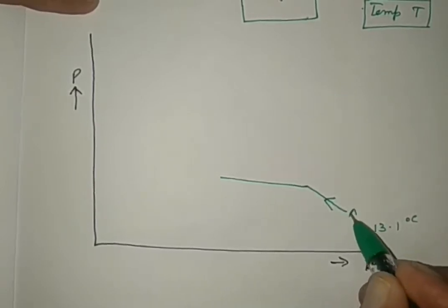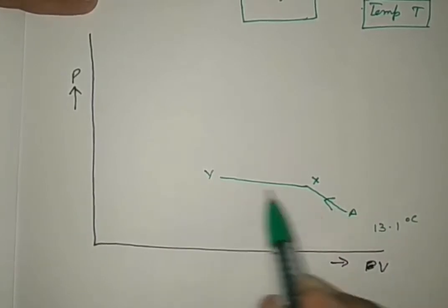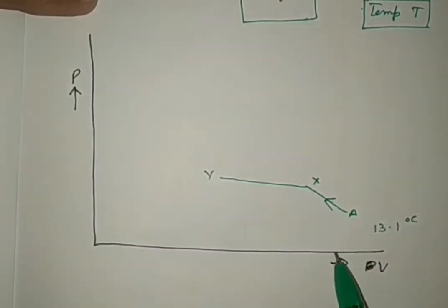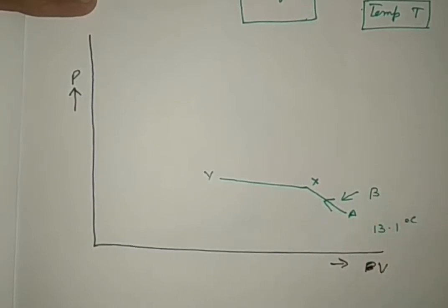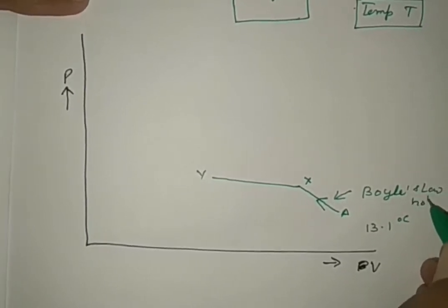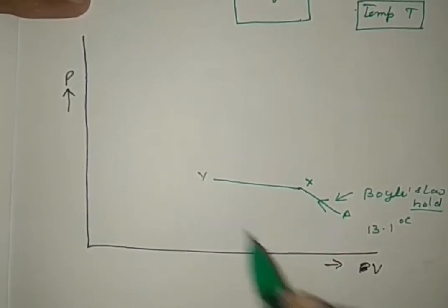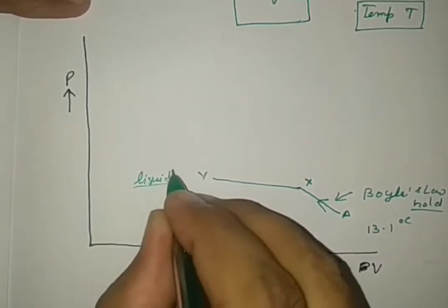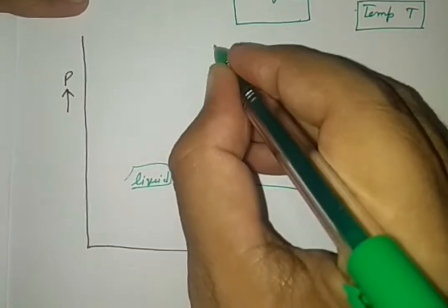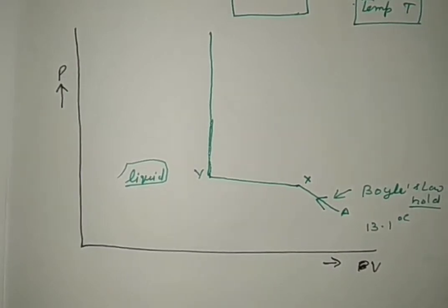It starts from A to X to Y. Here this C, in this the pressure remains constant, but volume changes from X to Y. Here from A to X at constant temperature, Boyle's law holds, because temperature is constant, but after X Boyle's law stops holding, and the gas is converted into liquid state, and thereafter on increasing the pressure, the volume remains constant even though we are increasing the pressure.